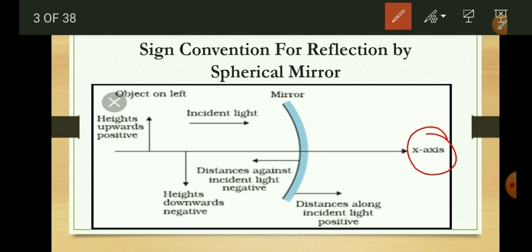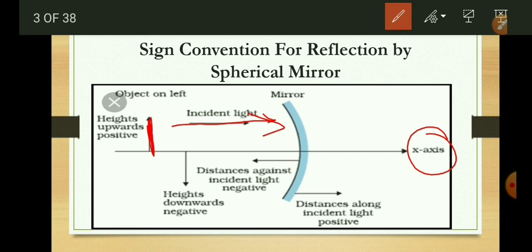This implies that light from the object falls on the mirror from the left hand side. So, in both types of mirror, concave and convex, the object should be placed to the left of the mirror, and light from the object falls on the mirror from left to right.